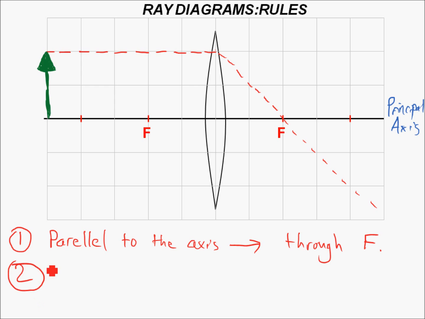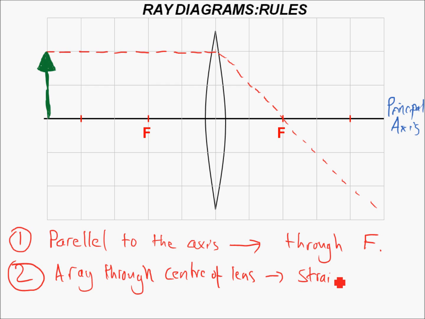Number two. A ray through the center of the lens. So a ray through the very central point of the lens goes straight through with no change of direction.